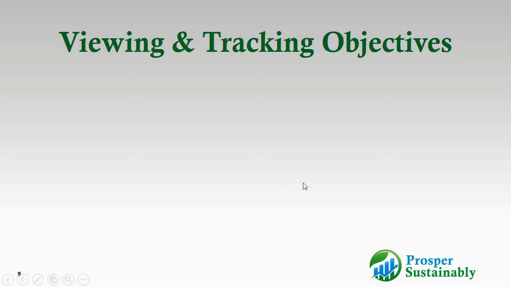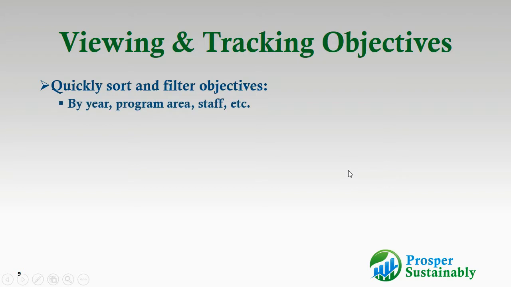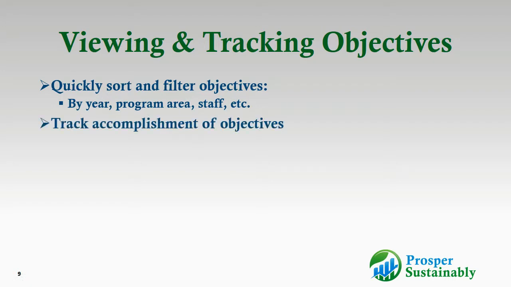One thing that's going to be particularly helpful with this plan that you've now developed, the ETEP strategic work plan in particular, is the ability to quickly sort and filter objectives by year, by program area, and by staff member, or whatever you want to see it by, in just a few clicks of a button. So you can focus on exactly what you want to focus on, and you can use this to track the accomplishment of the objectives as well.